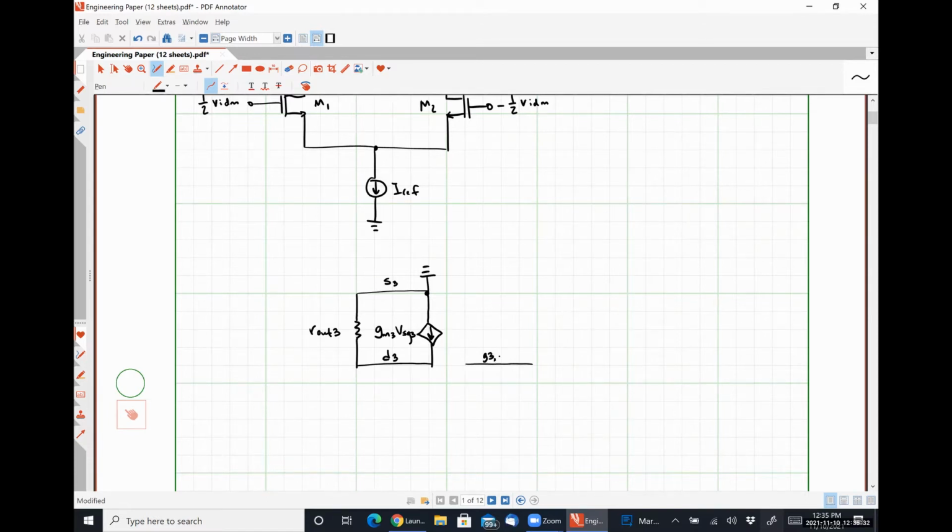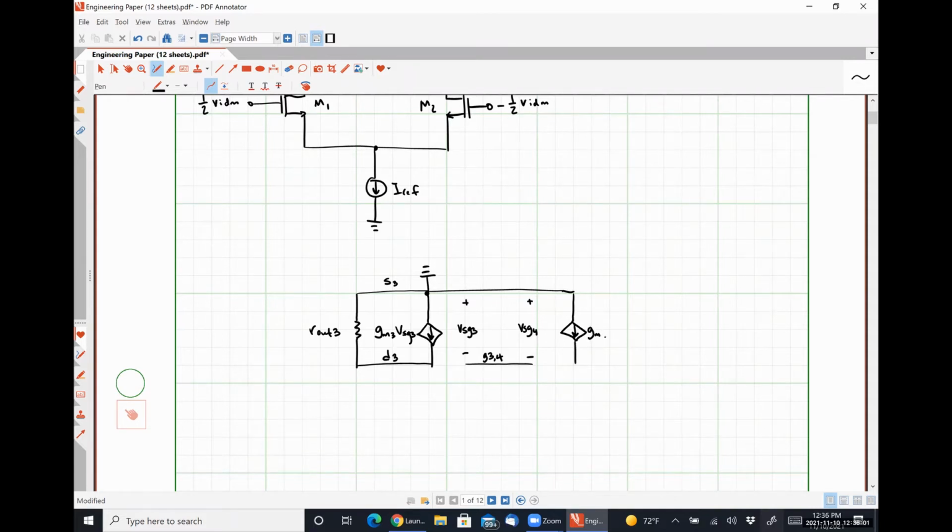This will be for transistors 3 and 4, which means that this voltage is VSG3 and this voltage will be VSG4, and the gates of transistors 3 and 4 are tied together, which is why I've drawn them that way. Over here we are going to have transistor M4.